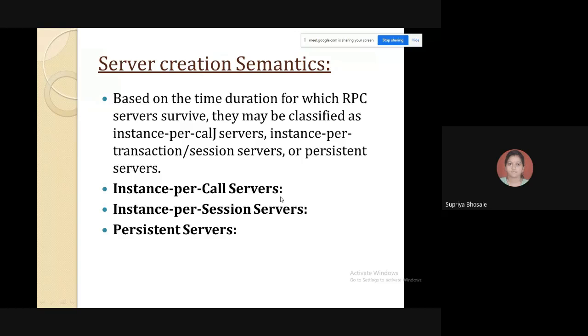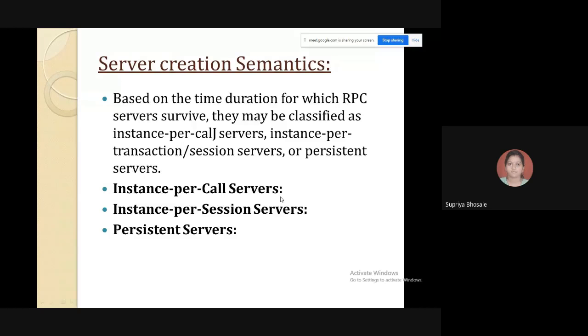Second is instance per session server. So what does it mean? A server belonging to this category exists for the entire session for which a client and the server interact. Since a server of this type exists for the entire session, it can maintain inter-call state information, and the overhead involved in server creation and destruction for a client-server session that involves a large number of calls is also minimized.